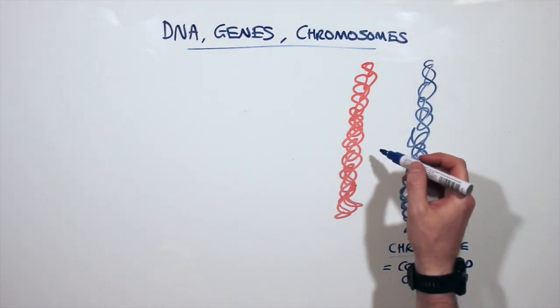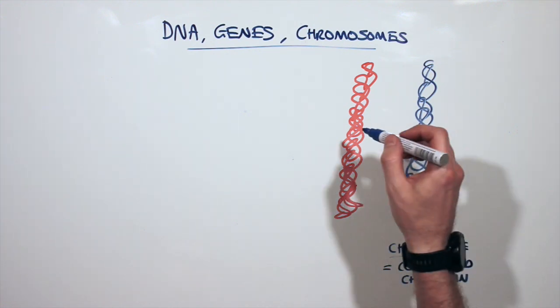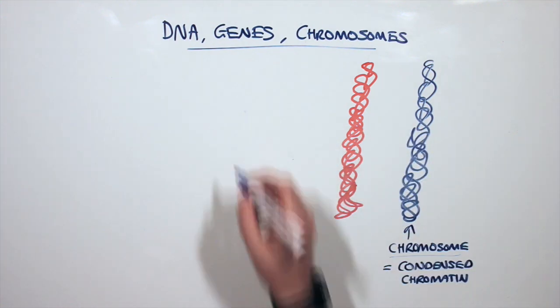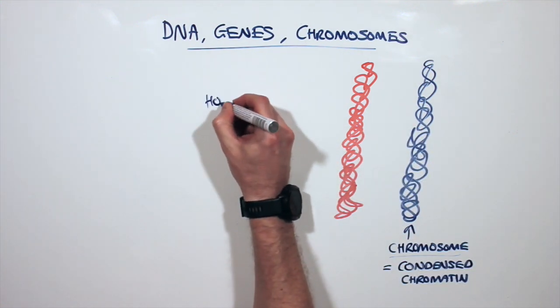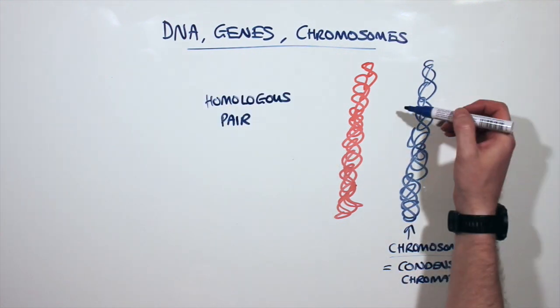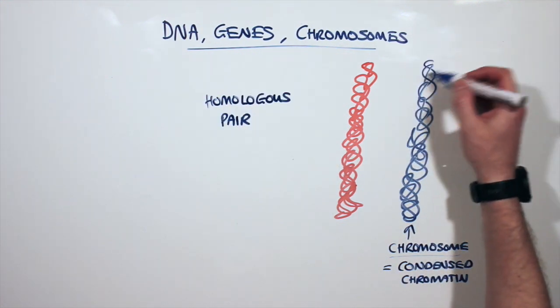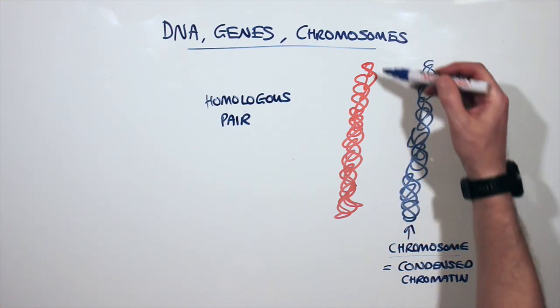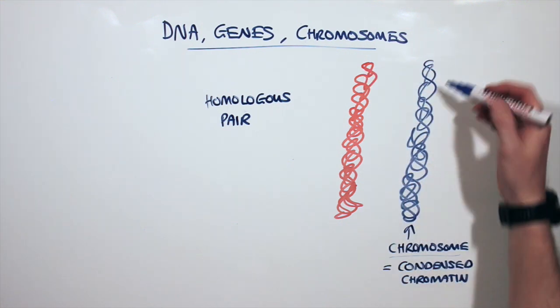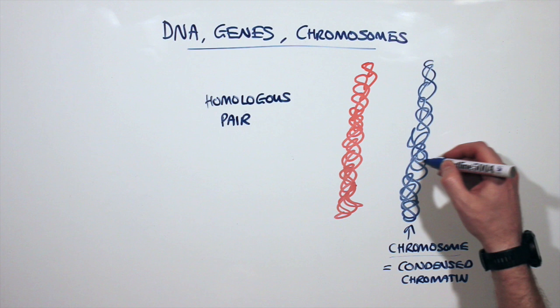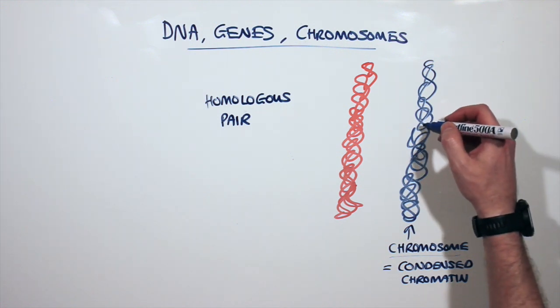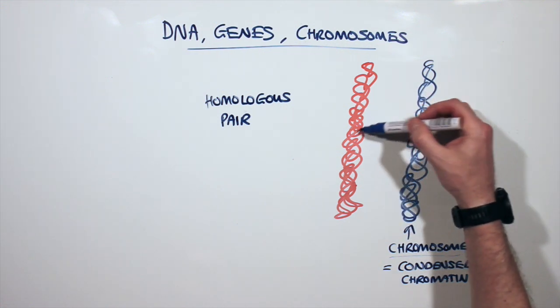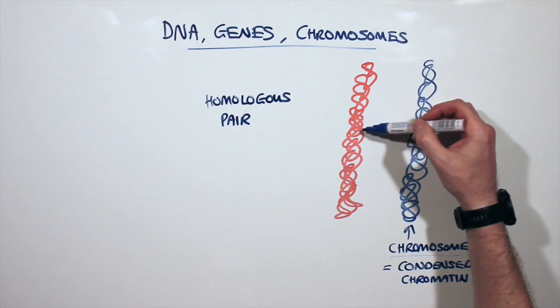In the drawing I've got here, I've actually got two chromosomes. We call this a homologous pair. Now it's called a homologous pair because this chromosome has the same DNA inside of it as this chromosome. So for example, if this chromosome had instructions for, let's say, hair colour, then this chromosome would also have instructions for hair colour.